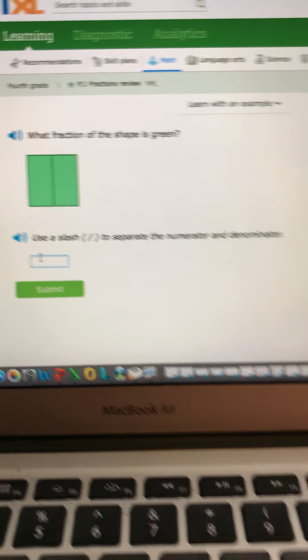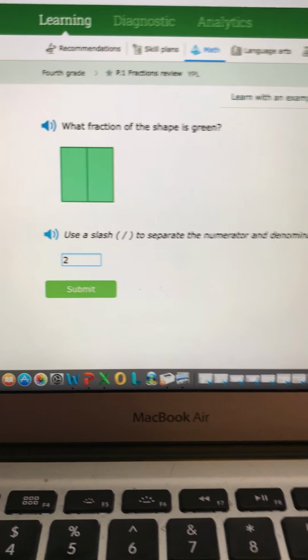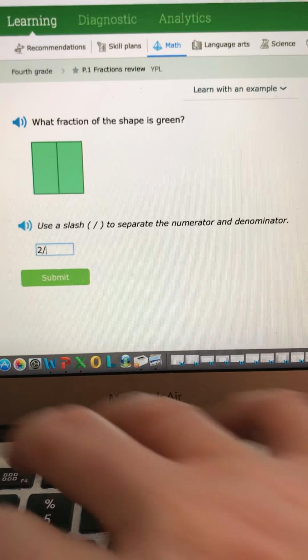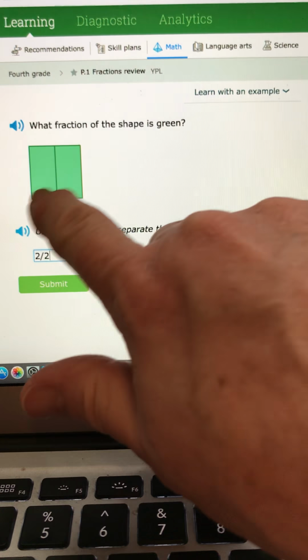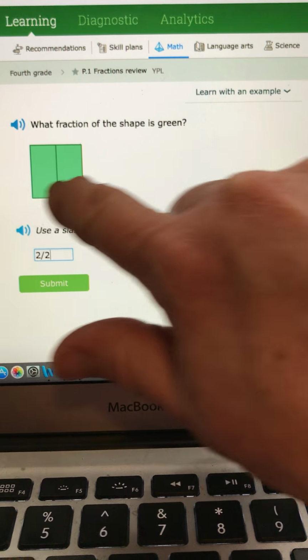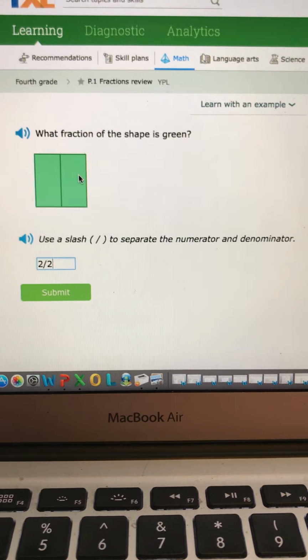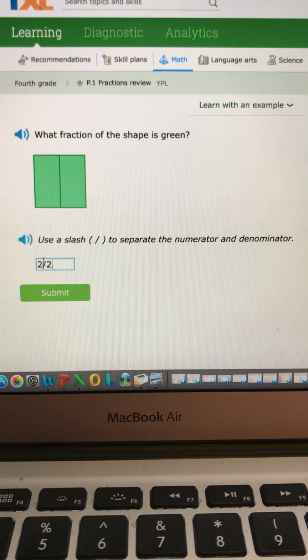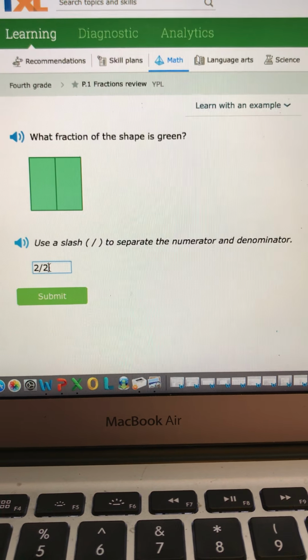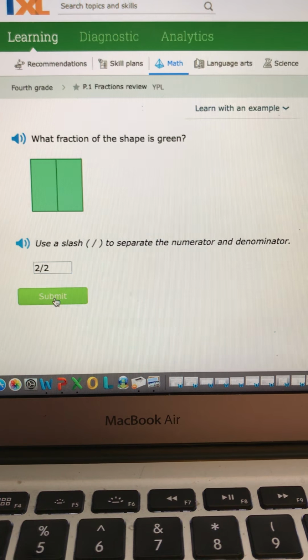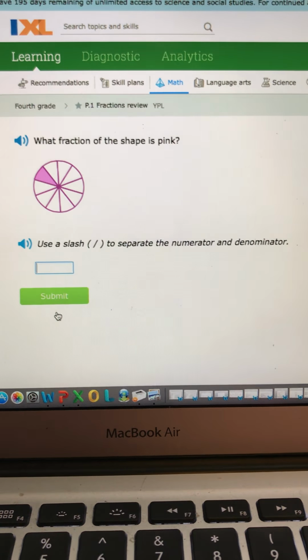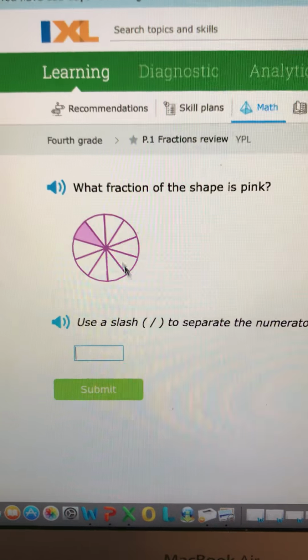So, 2/2, because 2 parts out of the total 2 parts are green. It's asking me what fraction of the shape is green? So I put 2/2, and let's see if that's correct. That's right.